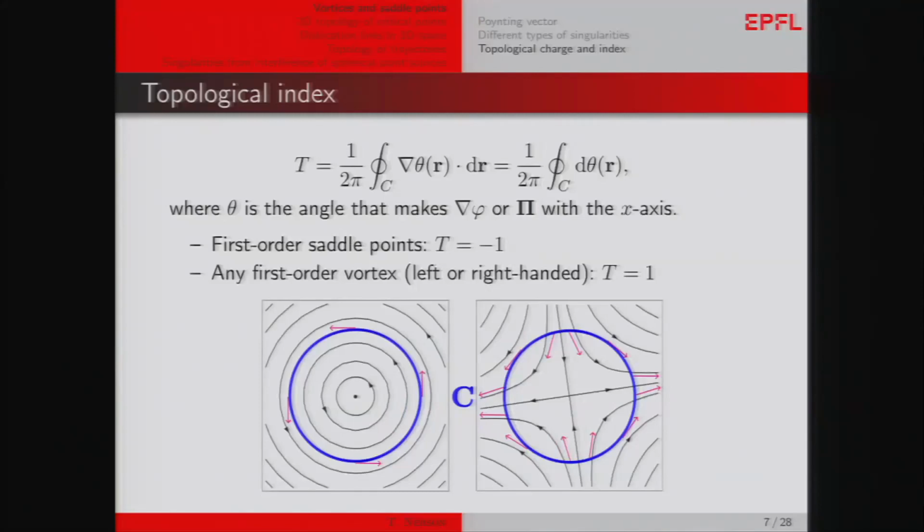What it does is you follow the curve C, you see the streamlines, and you try to follow how the quiver behaves. Here it does 1 round, from 0 to pi. So we have 1 here, and for a saddle point, if you follow C in the left-handed direction, you will see that the quiver gives -1. So it's just a definition.